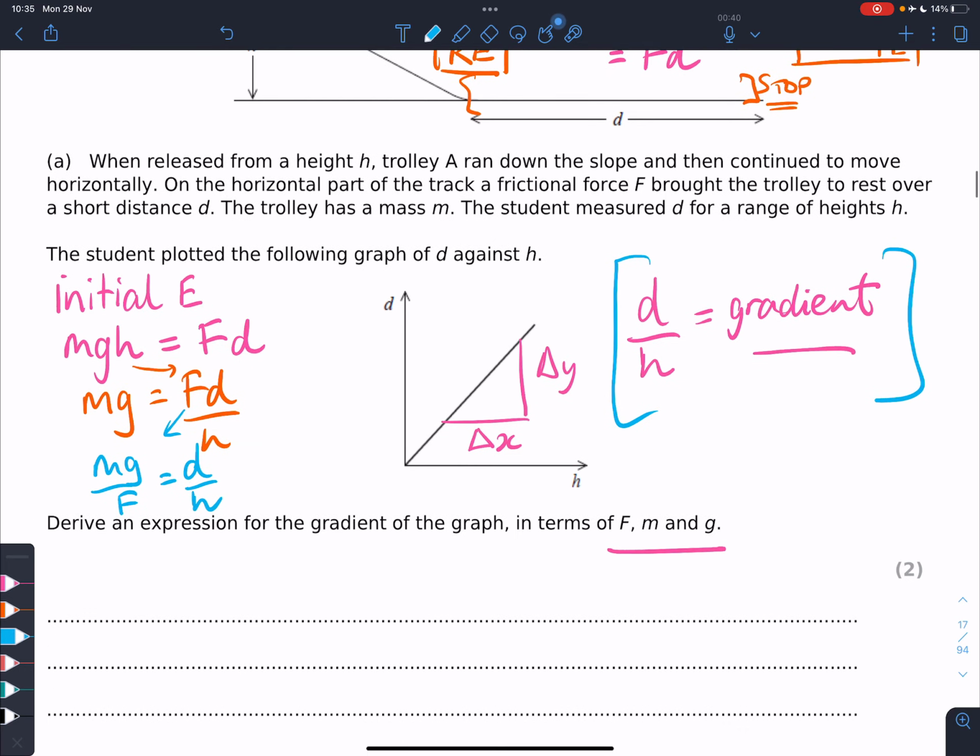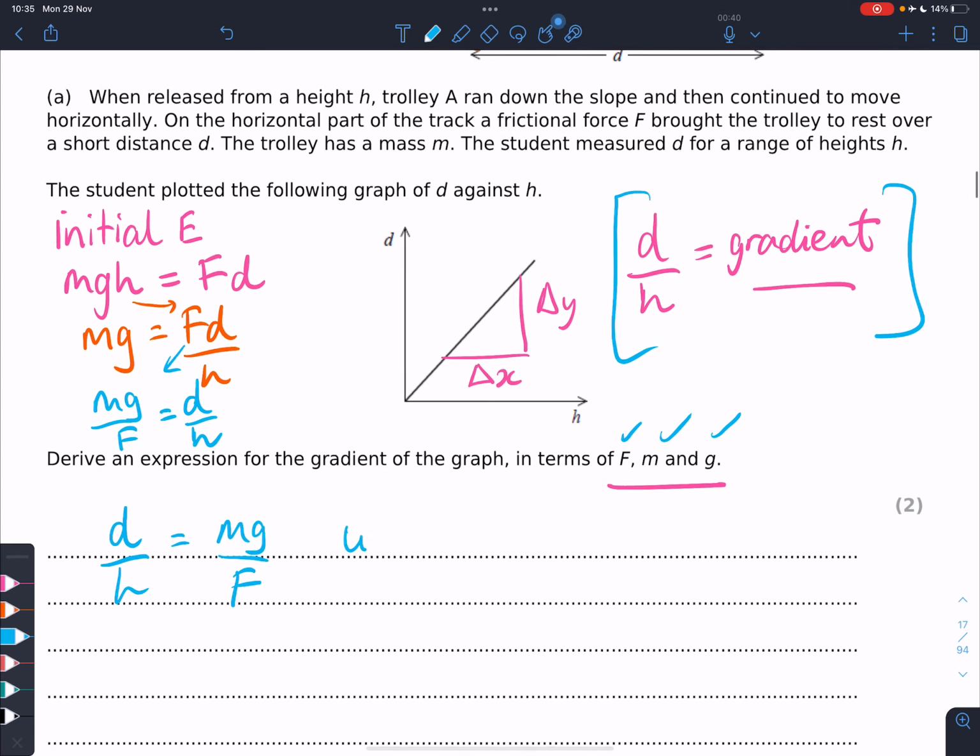So our gradient d over h is equal to mg over f, which is an expression in terms of f, m, and g. You don't really need to do more than that using conservation of energy. Right, that's the first part.